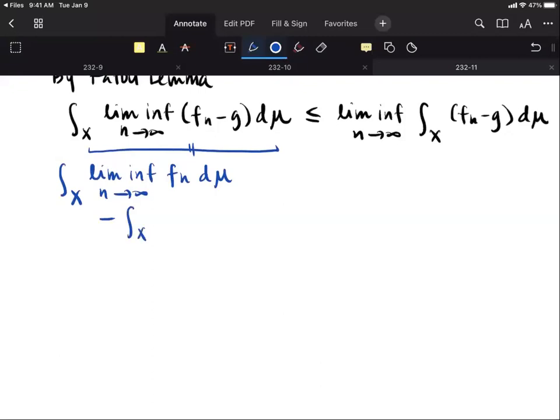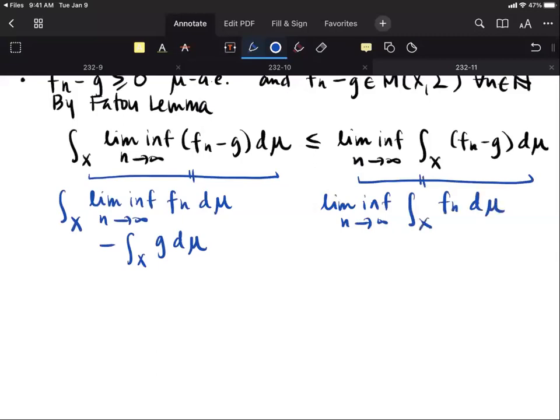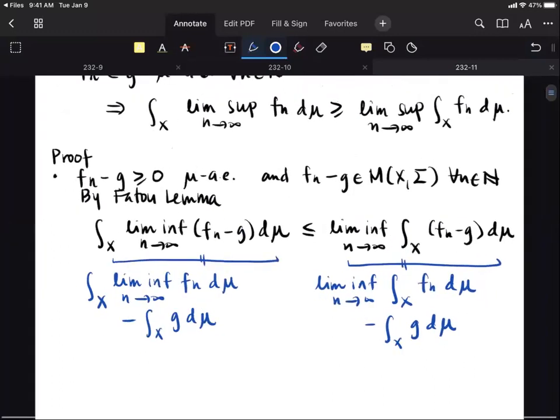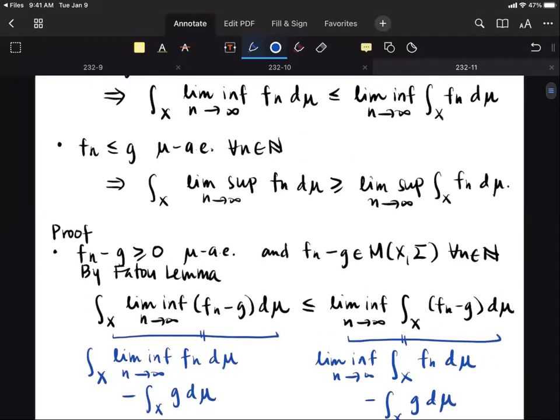After applying linearity, we get this difference. And similarly, on the right-hand side, we get the following difference. So therefore, after adding the integral of g to both sides, you end up with the same conclusion as with Fatou's lemma.